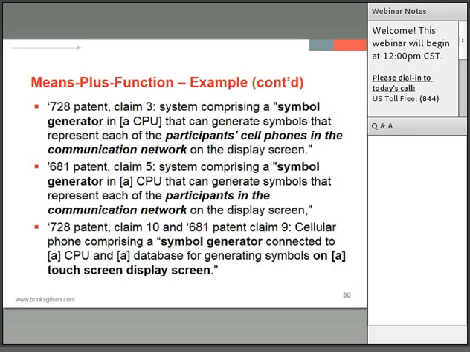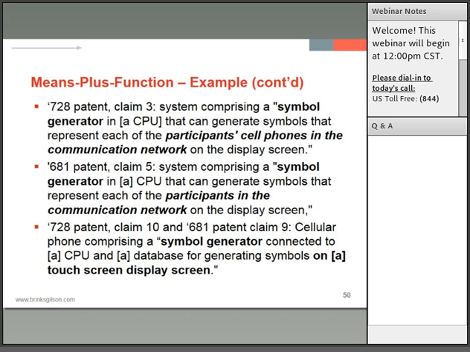So claim 3 of the 728 patent said that a symbol generator can generate symbols that represent each of the participants' cell phones in the communication network. Then claim 5 of the 681 patent said a symbol generator can generate symbols that represent the participants in the communication network.